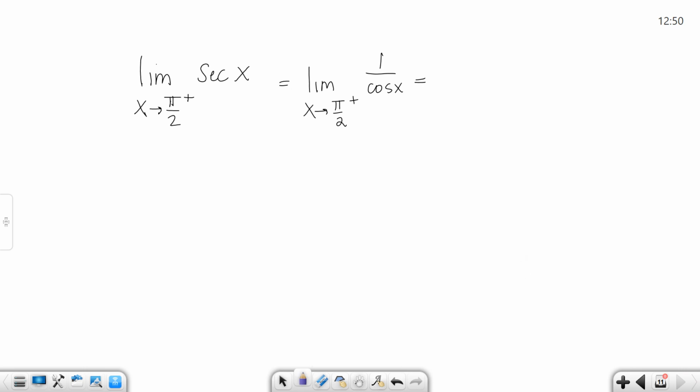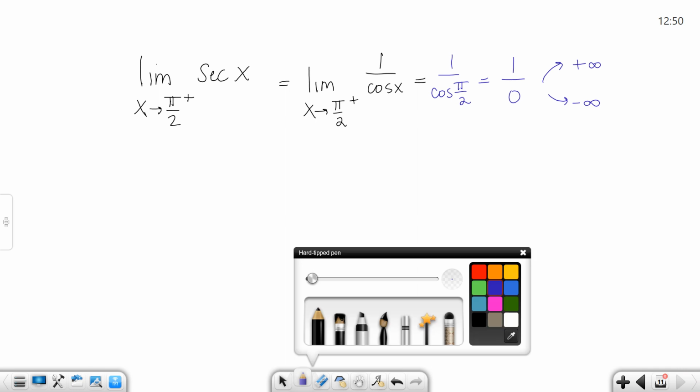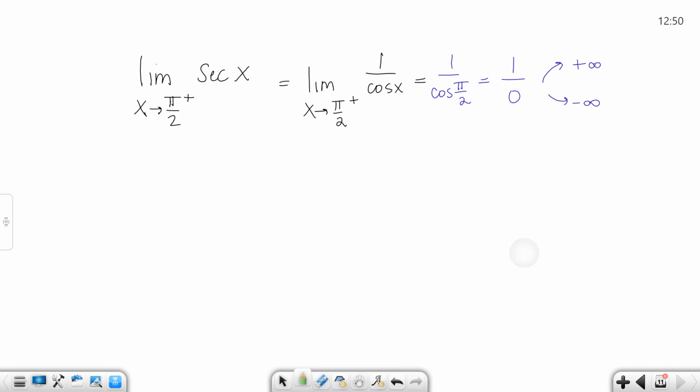Okay, we worked one of these in our last video, so this would be 1 over the cosine of pi over 2, which would be 1 over 0, which means it would either be positive or negative infinity. So what I need to do with this one is plug in something on the right side of pi over 2.